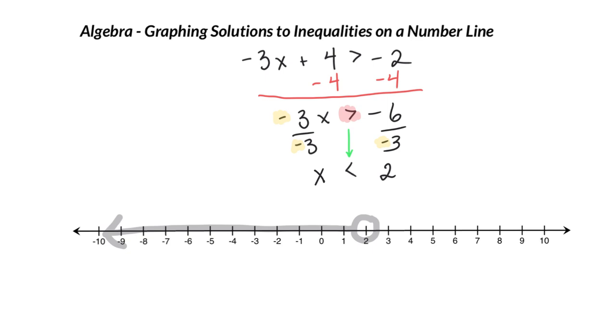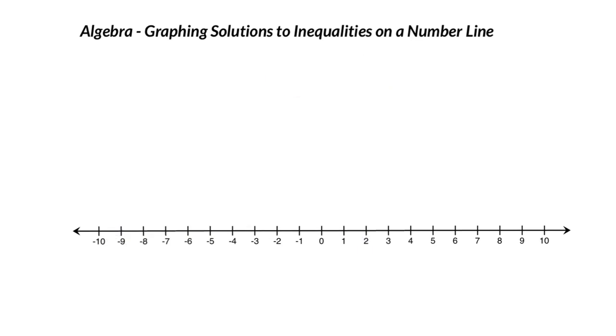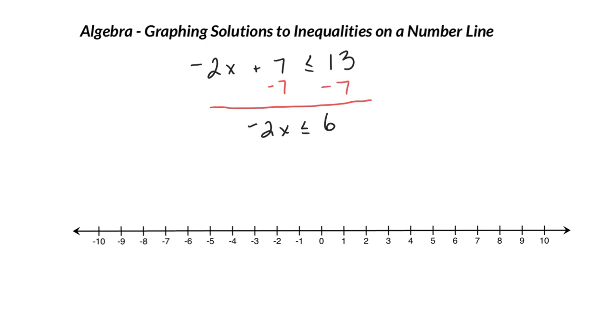Let's do one more example where this happens, because I think it's worth practicing. Okay, negative 2x plus 7 is less than or equal to 13. So first thing, let's subtract 7 from both sides. And we'll have negative 2x is less than or equal to 6.